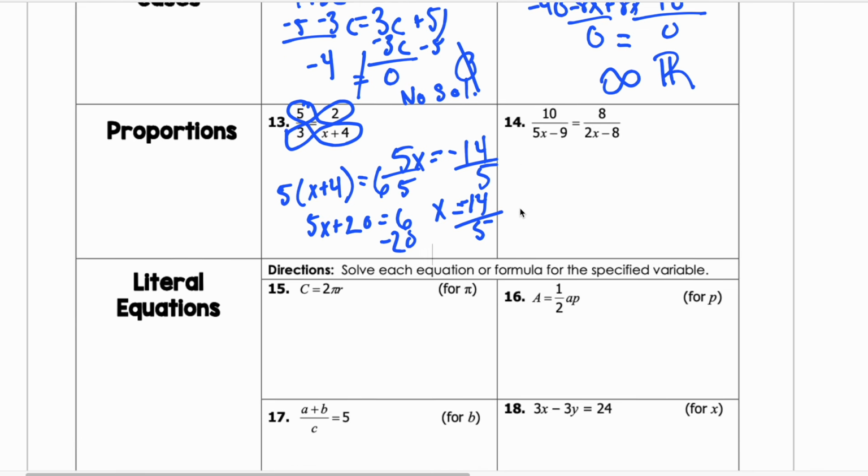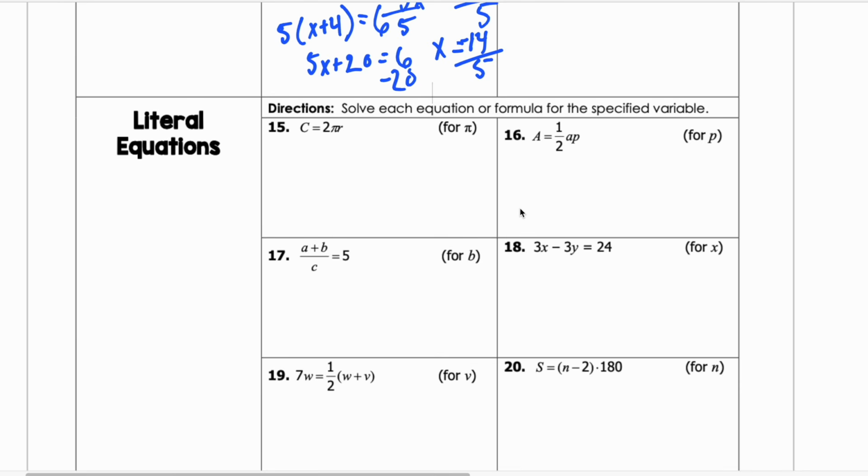Alrighty. Let's go ahead and go down to literal equations, where we're just moving our variables around to solve for a specific variable. All right, nothing too hard about this. Same rules apply, except we're not going to have an answer like x equals 5 or whatever. In this case, we're going to have something equaling pi. So let's focus on pi.